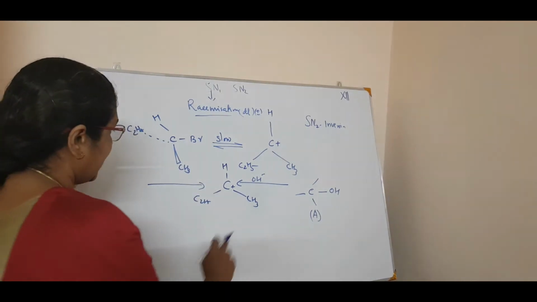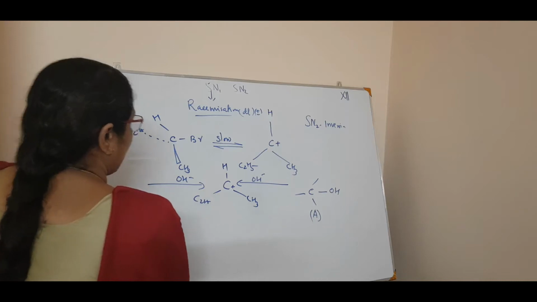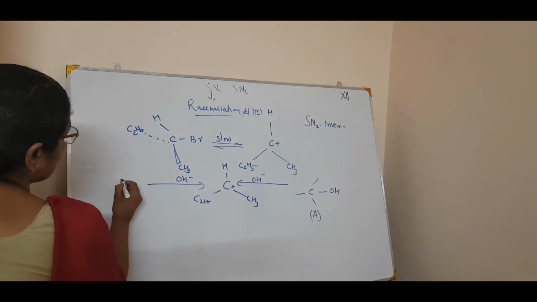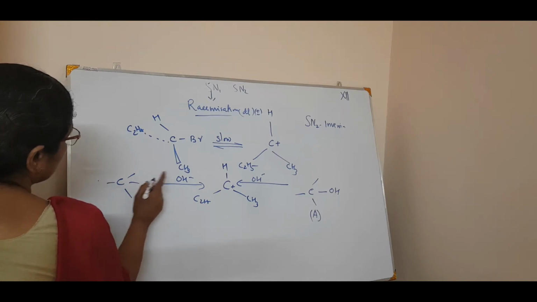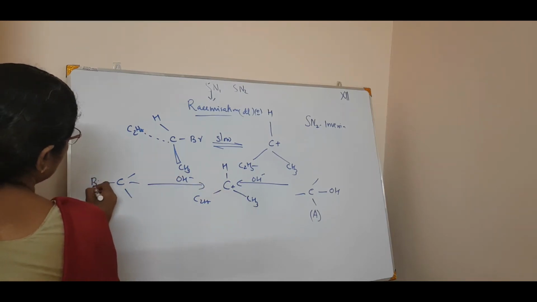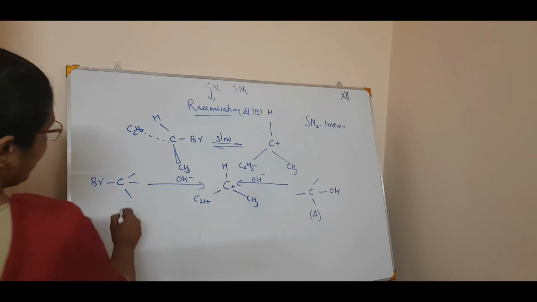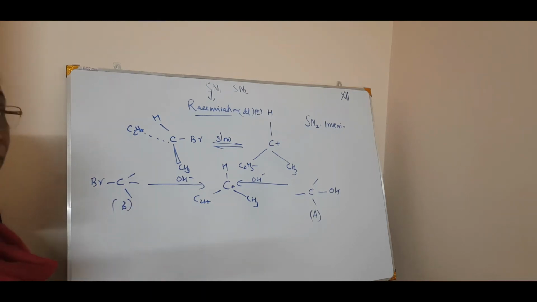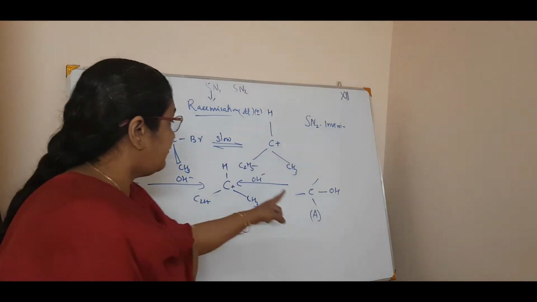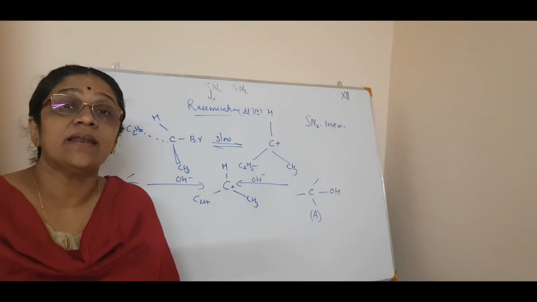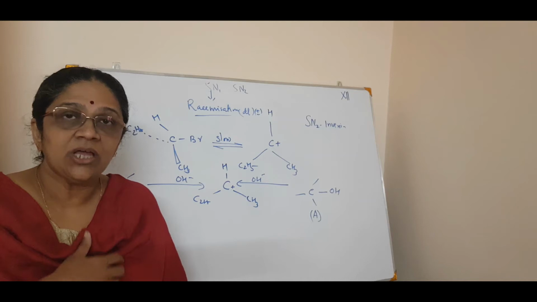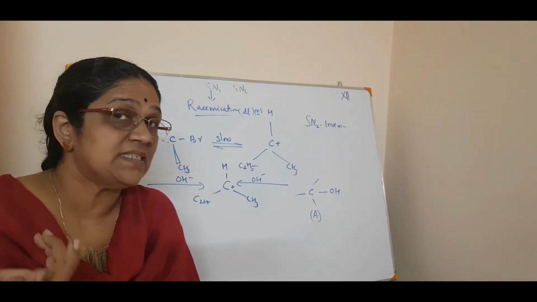Correct? The OH minus will come on this side, and the product is the same, except that here it is the right hand side, there it will be the left hand side. Now we can call it B. Now if you say 50% and 50% of A plus B mixed together, you will get a racemization in which the optical activity will be 0.